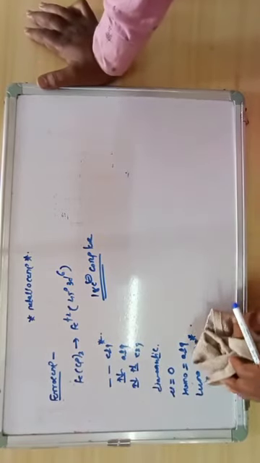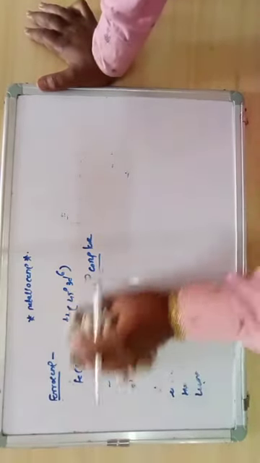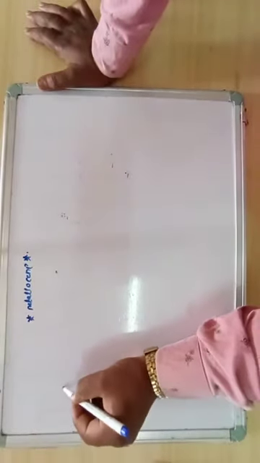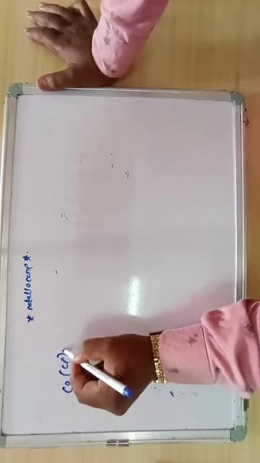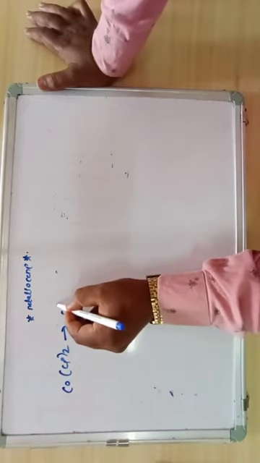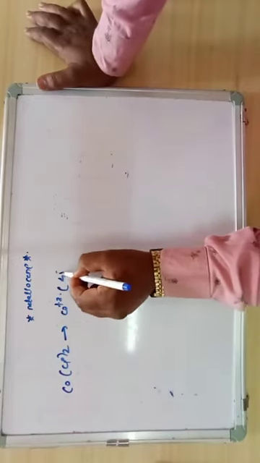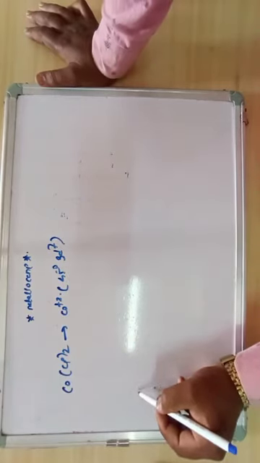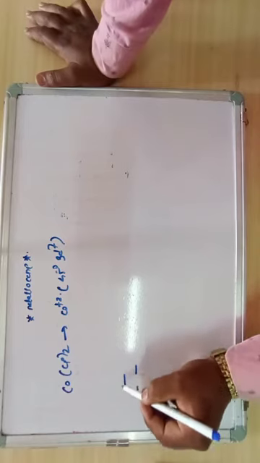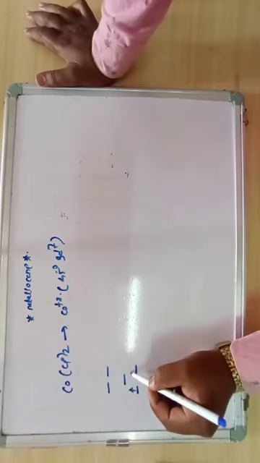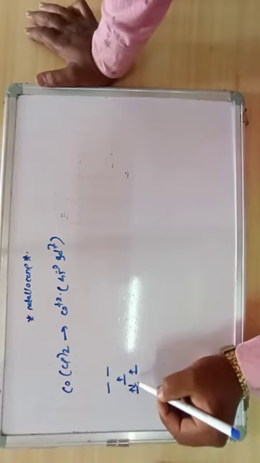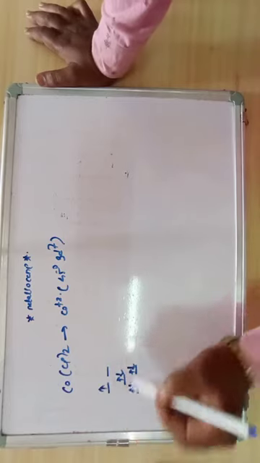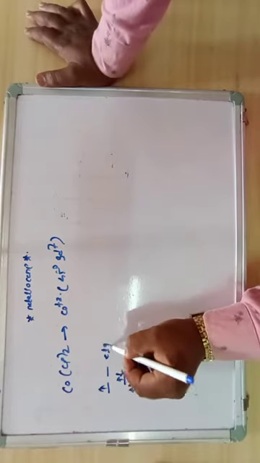So let us consider the next, that is cobaltocene, CoCp2. Again cobalt is in +2 oxidation state, so 4s0 3d7. Again we consider the filling of electrons: first, second, third, fourth, fifth, sixth, and the last electron goes into the E1G antibonding.